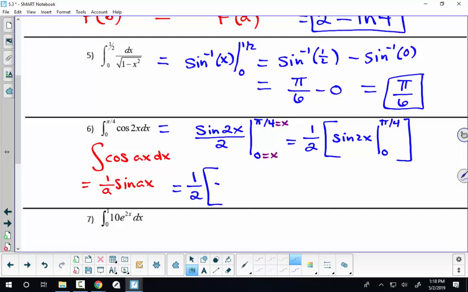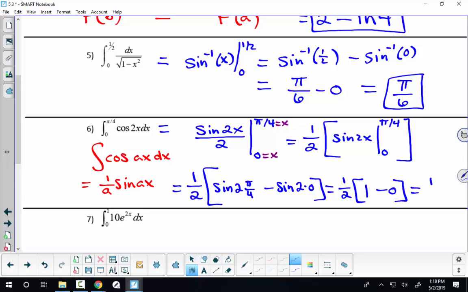Sine 2 times pi over 4. Sine of pi over 2 is 1. So that's 1/2 times the quantity 1 minus the sine of 2 times 0, minus the sine of 0, which is 0.